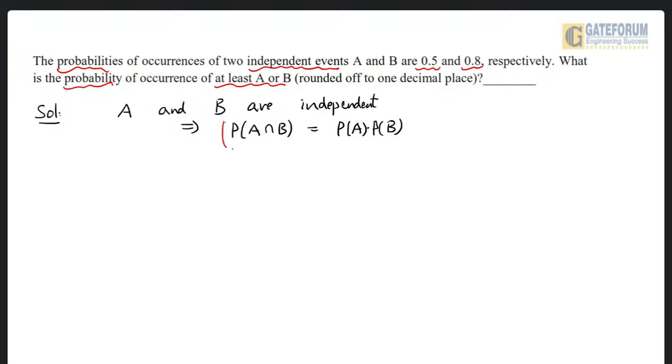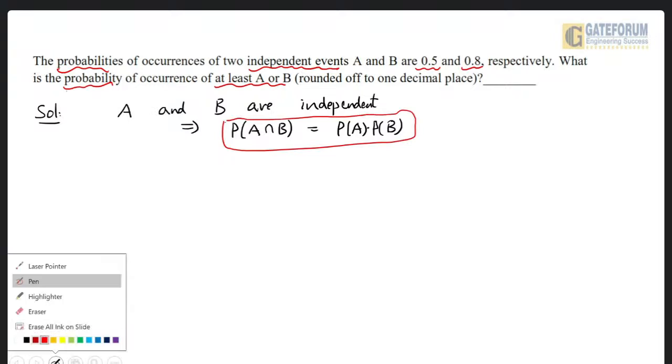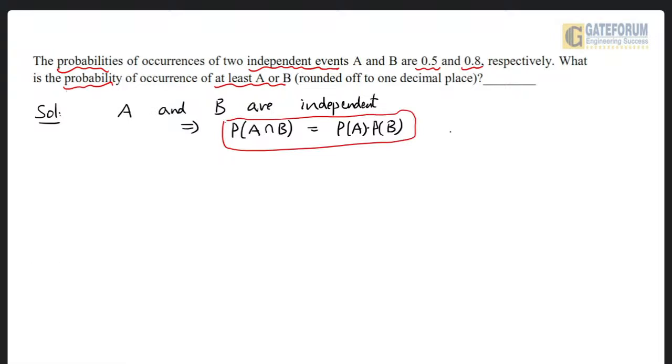This is the first thing you have to identify. Now, P of A is given as 0.5, and P of B is given as 0.8.